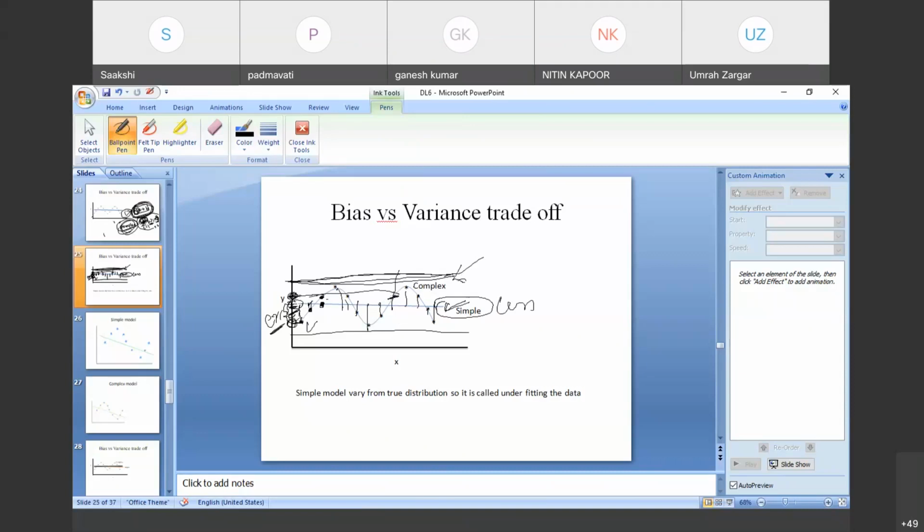For these two data points you may get very small error, but for the rest of the data points, for example this and this data point, you'll get a very high error rate.